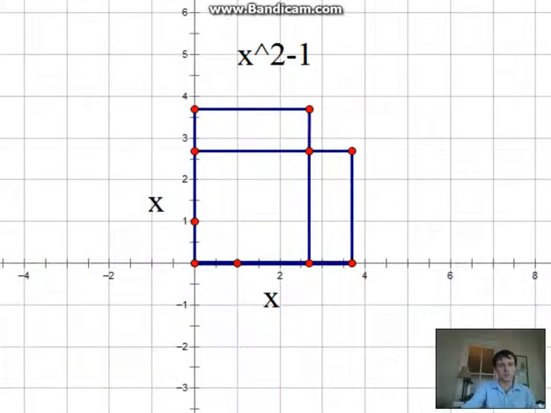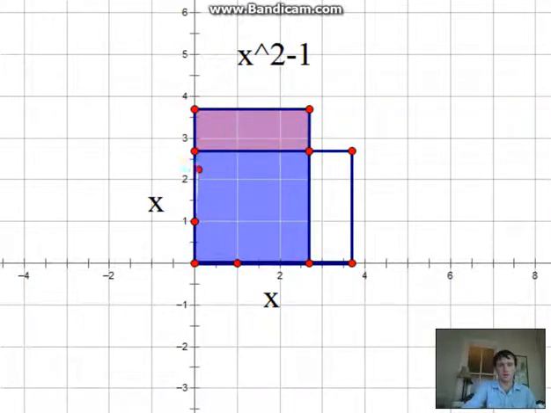Well, that doesn't seem to be working. All right, so one here, and finally one here. The green, or darkish gray one, and the purple one are going to be the same size.